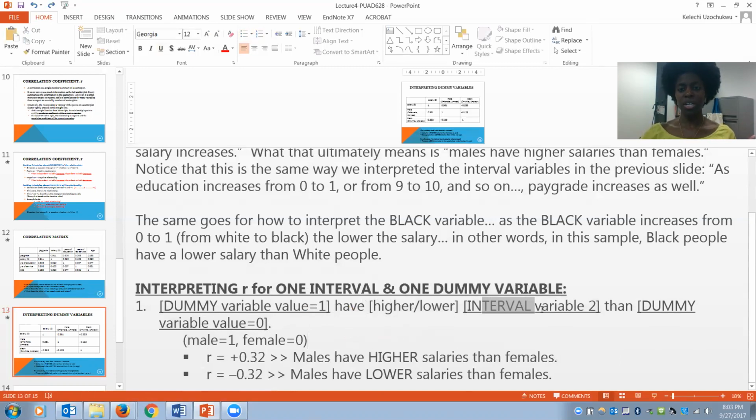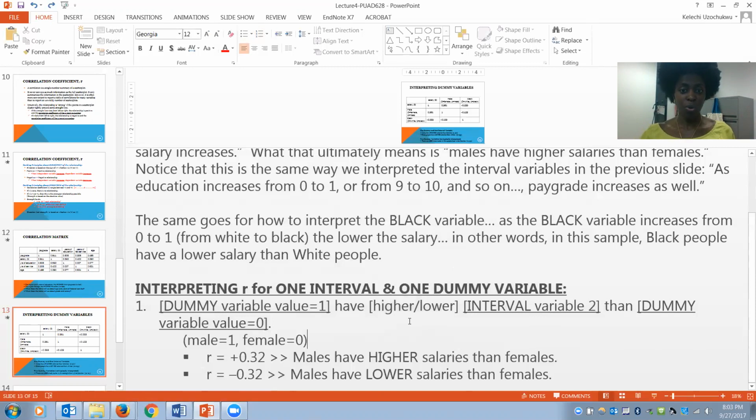Well, what's our interval variable? Our interval variable is salary. So our R is correlating salary with gender. Same concept as the previous slide, but we're just plugging in, and if the number is positive or negative, we say higher or lower. Just that simple.